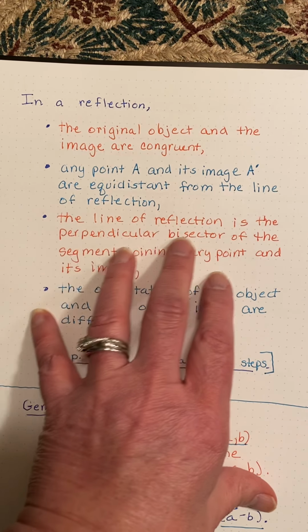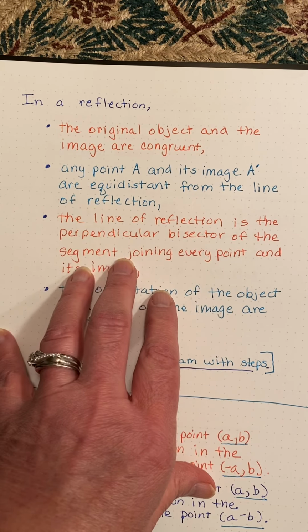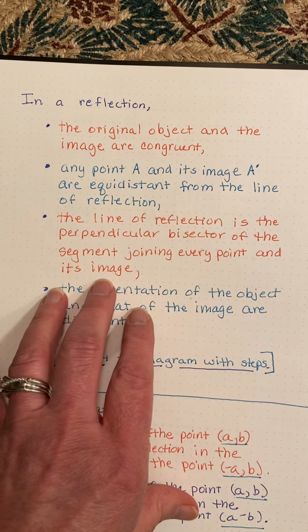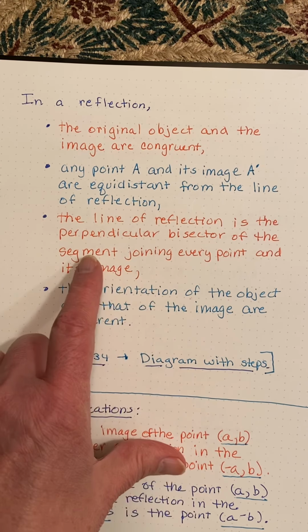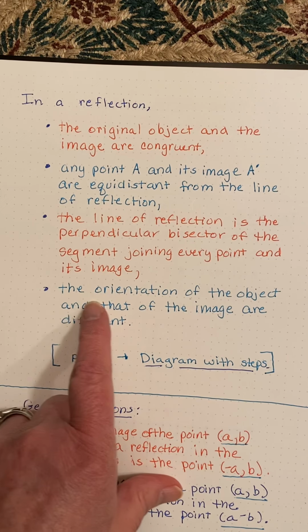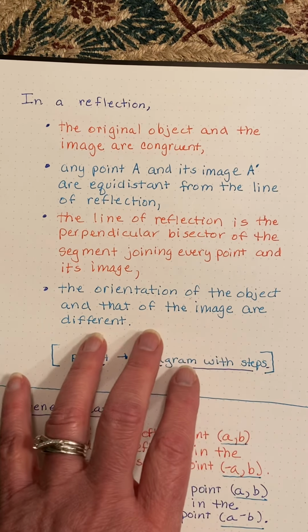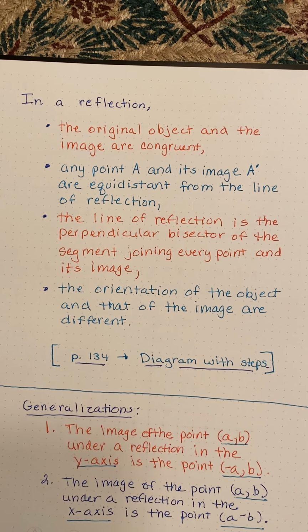The line of reflection is the perpendicular bisector of the segment joining every point and its image. I'll illustrate that in a moment. And the orientation of the object and that of the image are different. So the orientation is always different in a reflection because it's usually flipped.